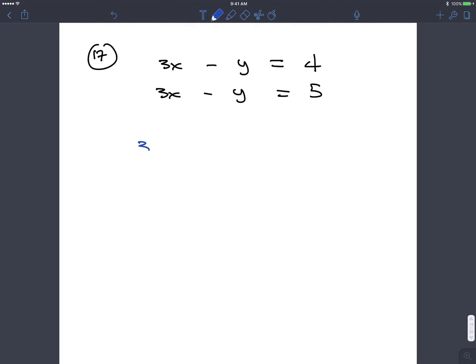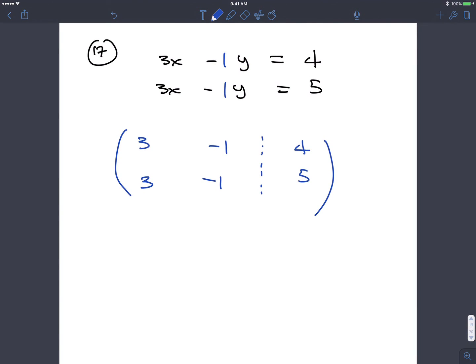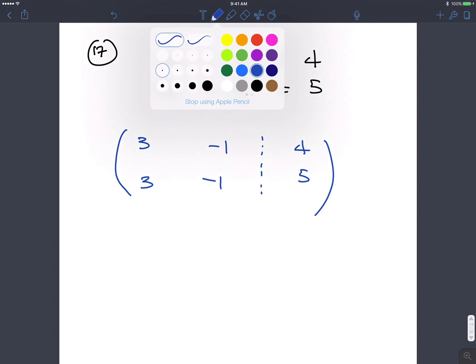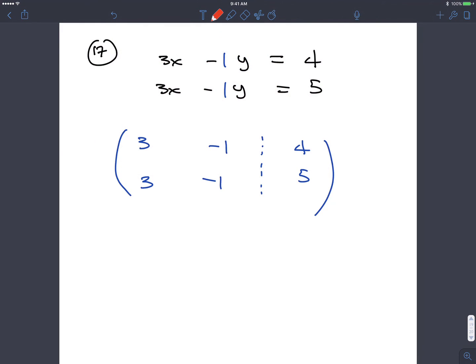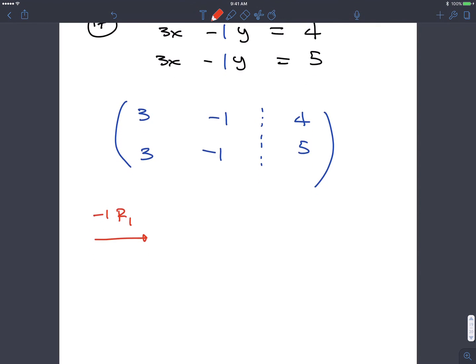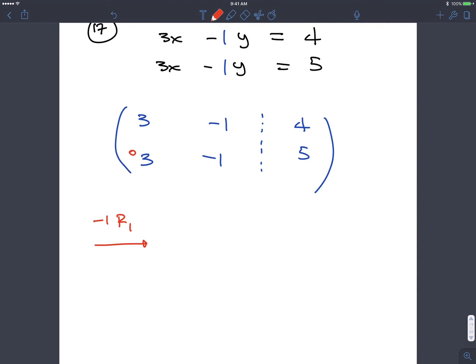Let's create the augmented matrix for the system here. Well, we're going to have to multiply negative 1 to row 1 so that all the values are opposite, and when I add, I get a 0 in that entry.